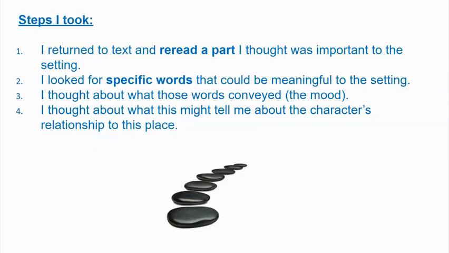These are the words that the author put in the book. And I thought about what those words might convey, the mood, the feeling, the atmosphere. And then I thought, what might this tell me about the character's relationship to this place? Because we are looking at how the setting affects the characters.